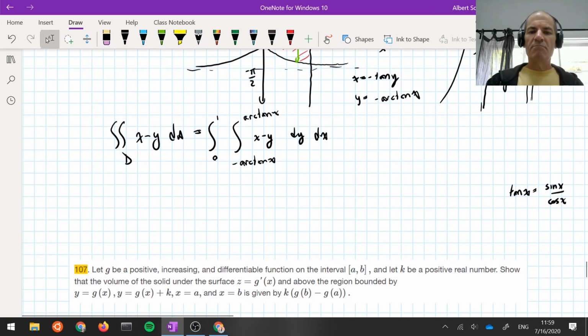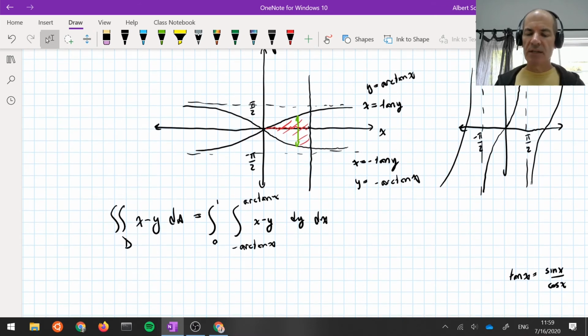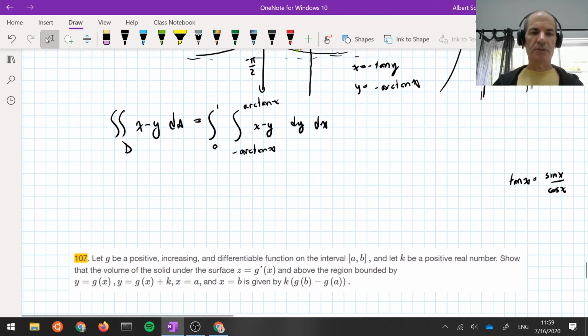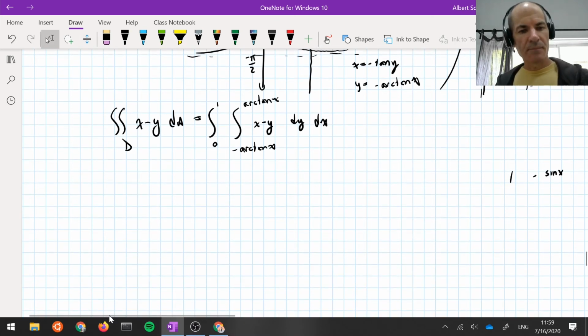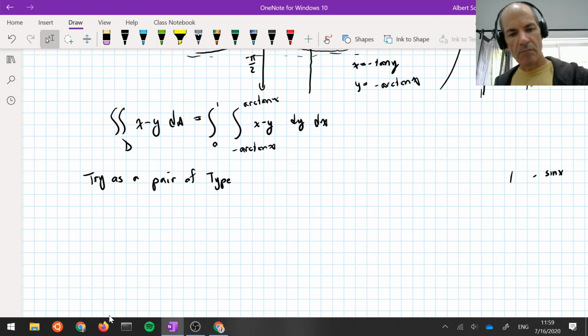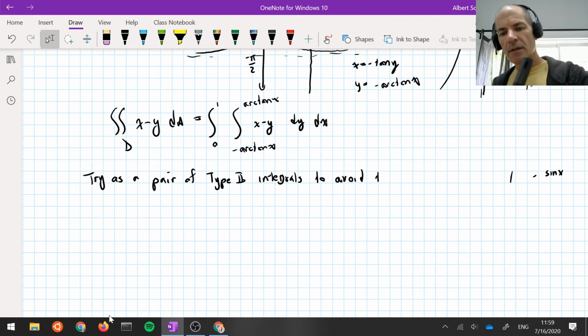So maybe this suggests treating it as type 1, but we might actually have an easier time doing this as two type 2 integrals. So let's try this as two type 2 integrals, to avoid the arctan.